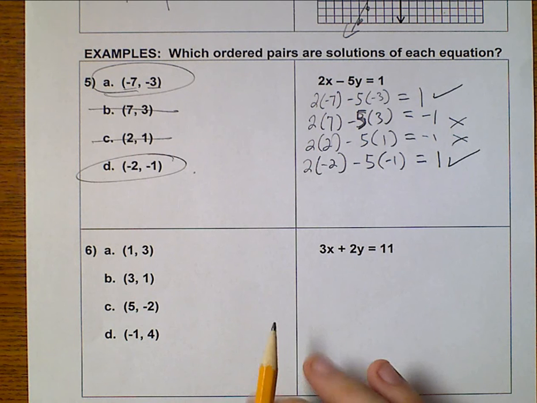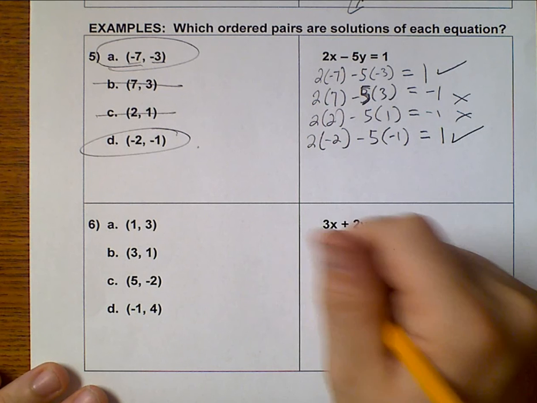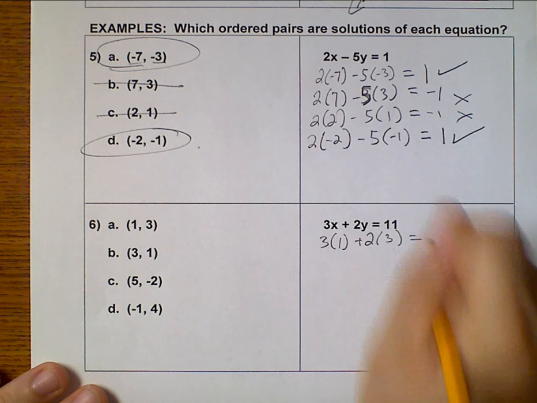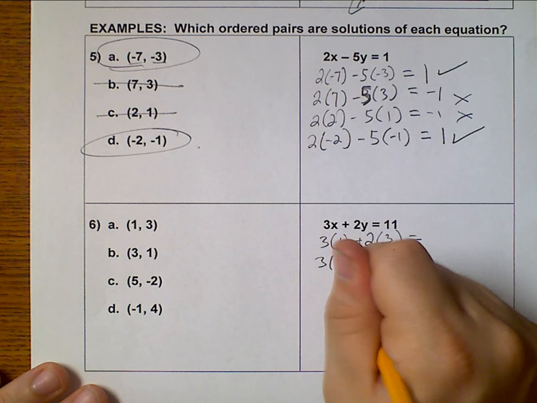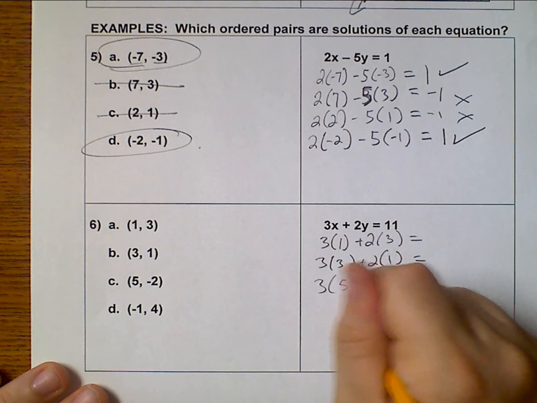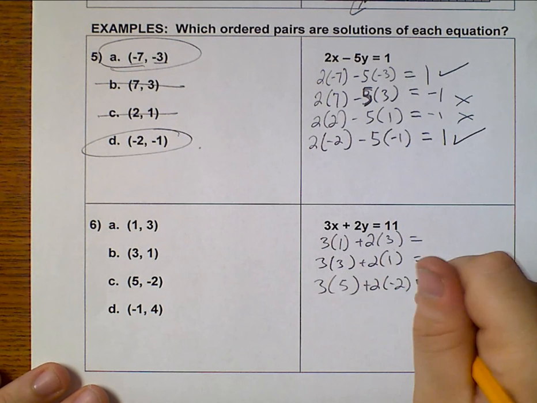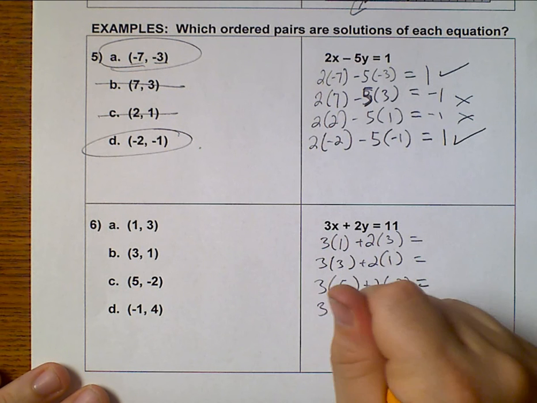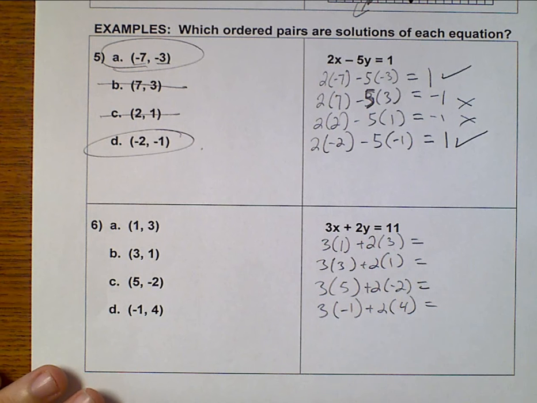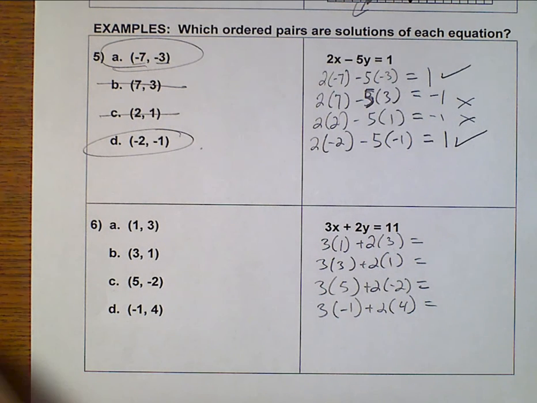Very simple. Go ahead and do the same thing for number 6. Okay, double check, make sure that I've done them all correctly. And now just plug them in the calculator.